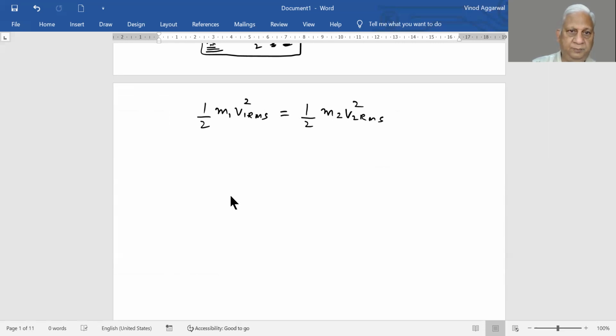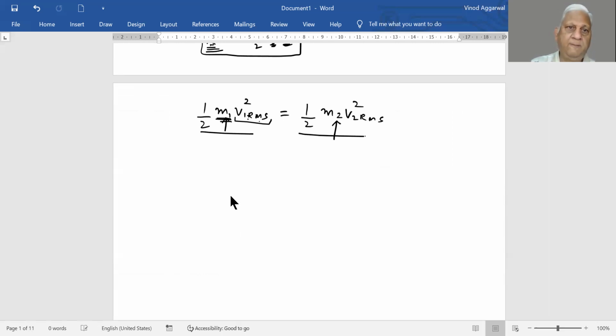What it means is if there are two different gas particles, one with mass m1, another with mass m2, and this atom or molecule has a RMS, root mean square, velocity as v1 RMS, and similarly this has v2 RMS, then they are equal.